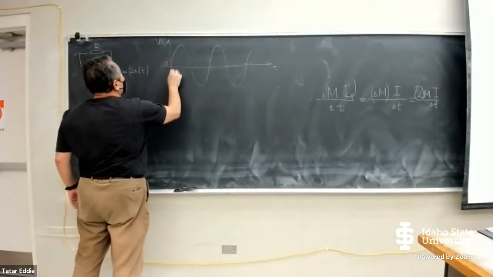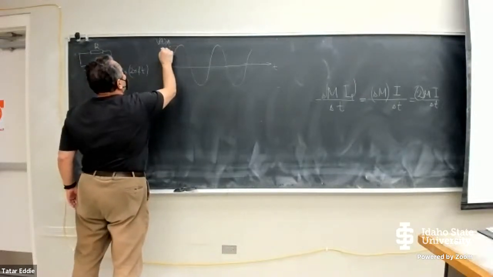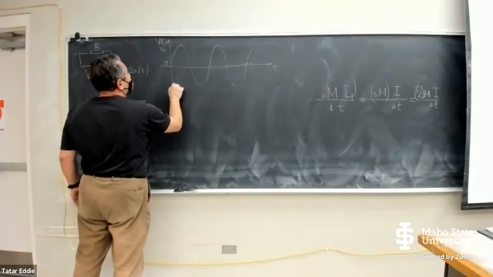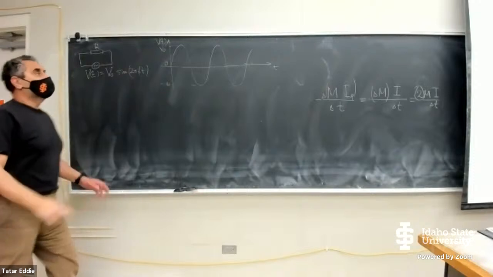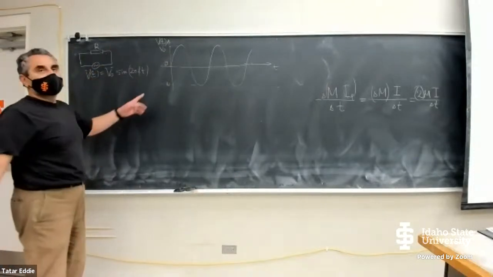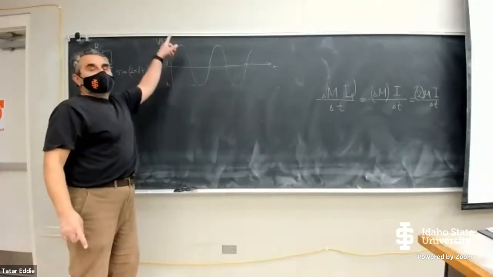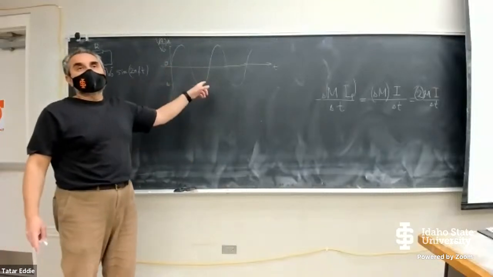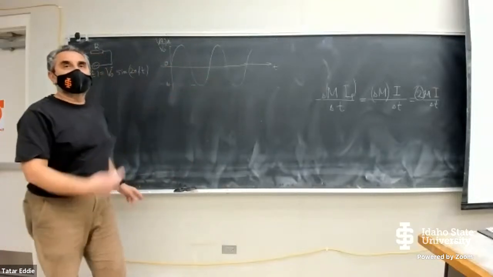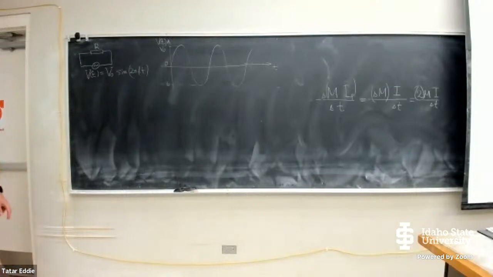So this is the zero. The amplitude is here, V naught. Negative V naught is here. And you have 60 hertz, 60 ups and downs per second, for the case of the AC voltage from the grid.